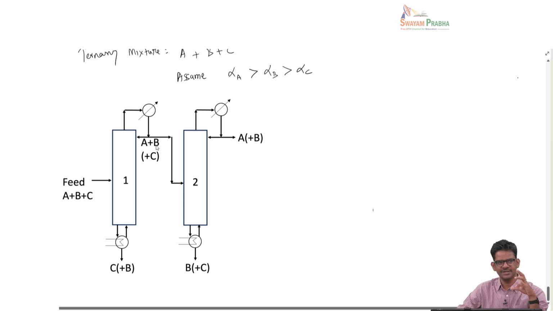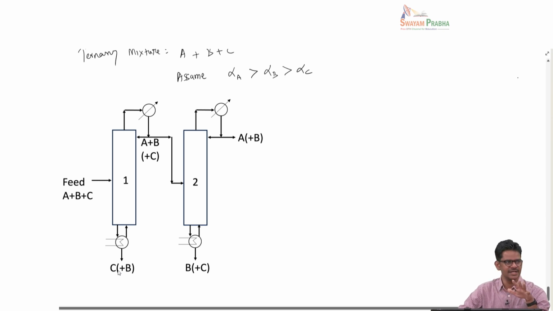The temperature and pressure can be adjusted in column 1 such that the distillate of the first column is rich in A and B and very lean in component C, whereas the residue will be much richer in component C, but it may have a tiny amount of component B and an even tinier amount of A.